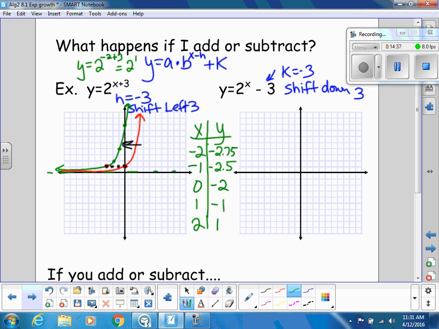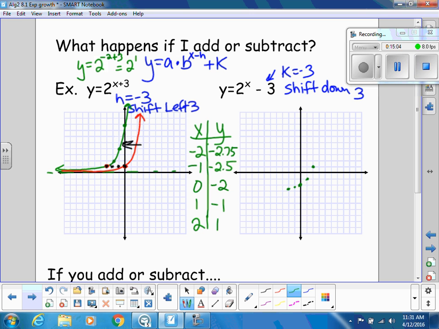So negative 2 is now down here, negative 2.75. And then negative 1 is now negative 2.5. So let me make that negative 2.75 a little closer. There we go. And then this is negative 2.5. And then 0 is at negative 2. And 1 was at negative 1. And then 2 is at 1.